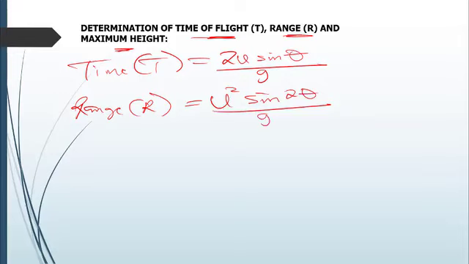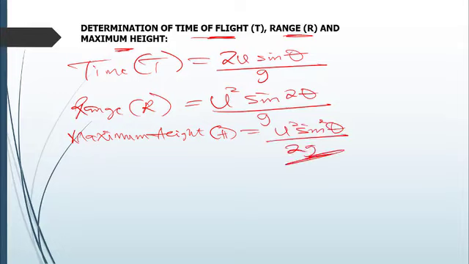And then when we are talking about the maximum height, maximum height is given by u squared sine squared theta all over 2g.